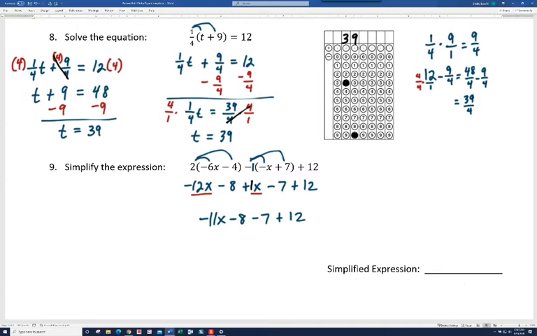So negative 8 minus 7, well, that's negative 15. Basically adding negative 8 and negative 7. And negative 15 plus 12 is negative 3. And so we're going to end up with negative 11x minus 3. So instead of writing plus negative 3, we just write minus 3. And so negative 11x minus 3 is our answer here.